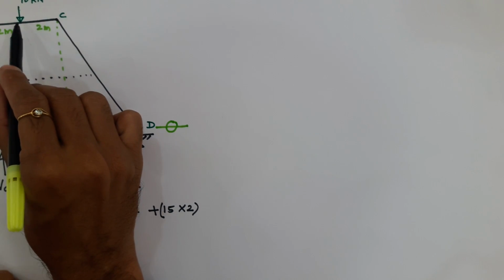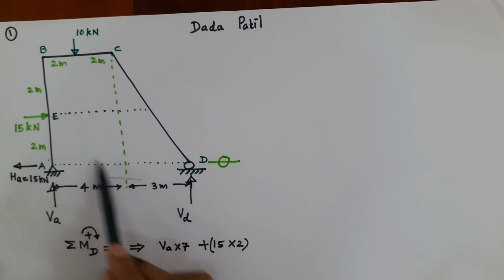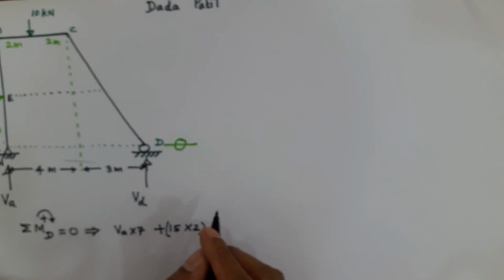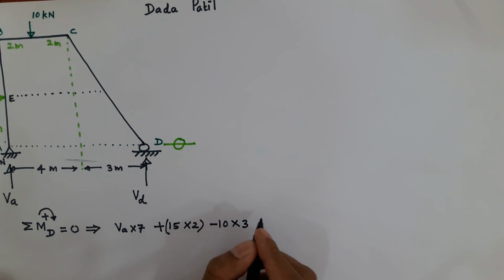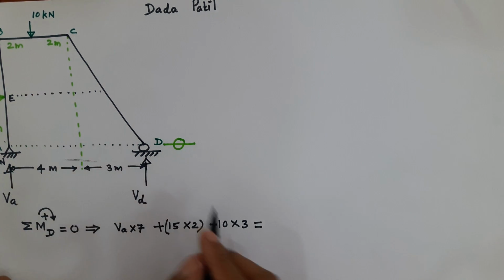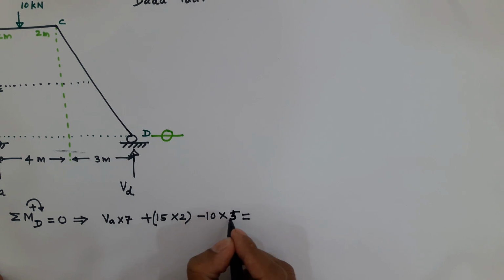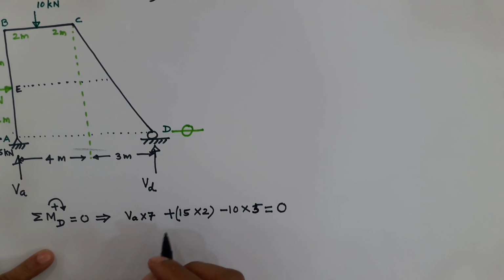And then coming to this 10 kilonewton, that 10 kilonewton becomes anti-clockwise at D, and therefore it is minus 10 into 3, that is equal to 0. So it is minus 10 into 3 plus 2, that is 5. That whole equal to 0 to satisfy this equilibrium condition.